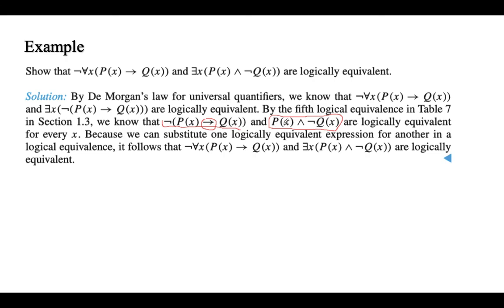So what we do, we place this one here. Because we can substitute one logically equivalent expression for another, it follows that not for all x if p of x then q of x, and there exists x such that p of x and not q of x, are logically equivalent.